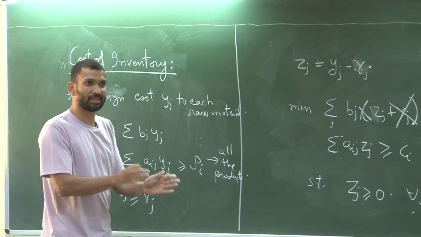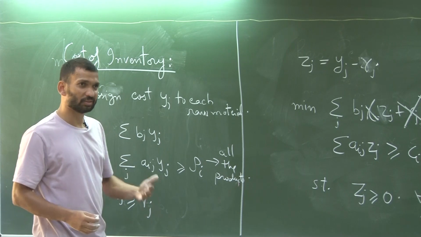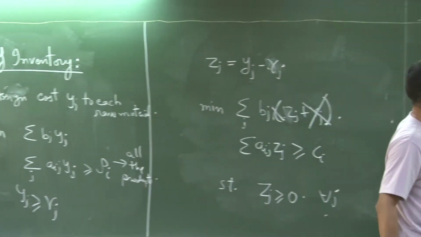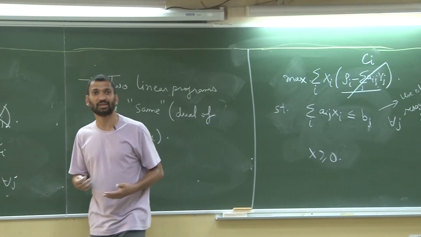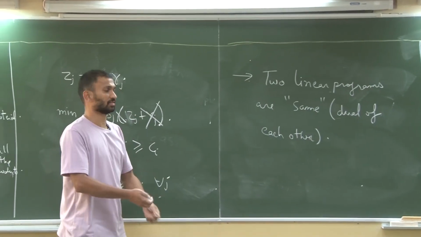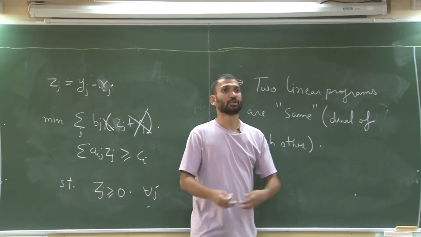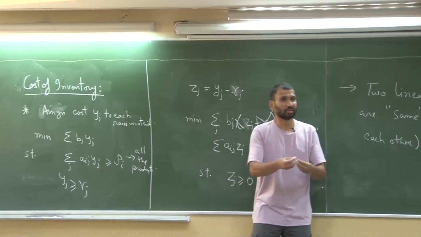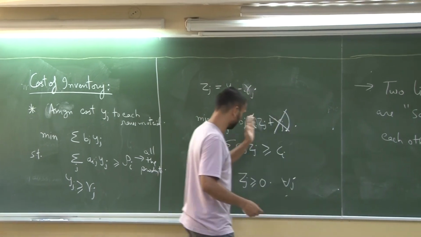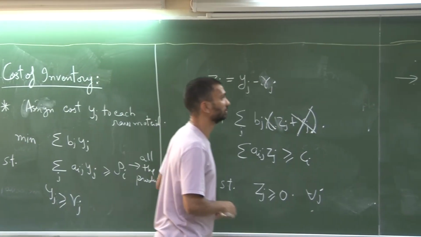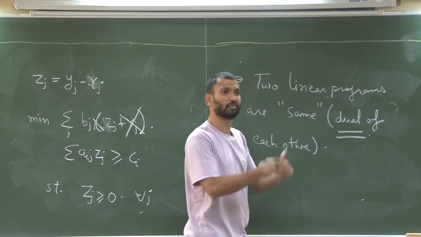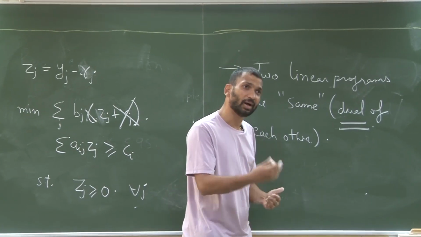This seems like two different problems, but this is in some sense the power of linear programming. We will see how this optimization problem and this optimization problem are intrinsically related, and we will mathematically be able to prove that the maximum profit you can make should be equal to the imagined cost of my inventory. This will be shown in a few weeks. And if someone asks me, this is my favorite concept and I will keep highlighting it, and you will see the power of duality again and again in this course.